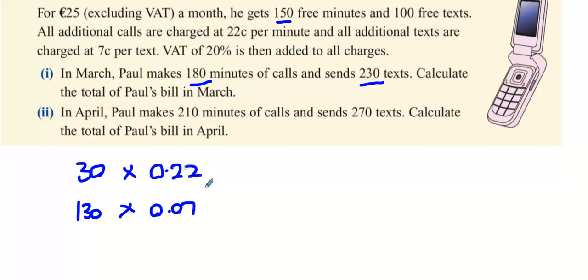And then we've got €25 for the extra. €25 includes 150 and 100, so you only have to pay for 30 extra minutes and 130 extra texts.